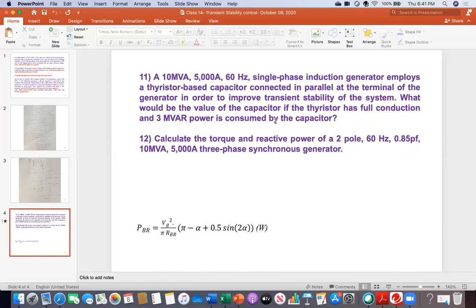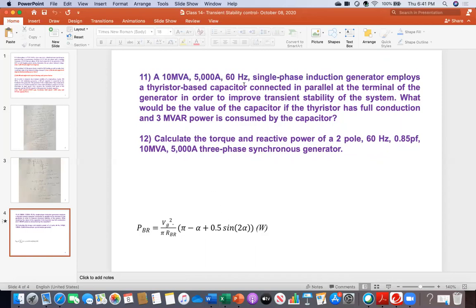As you can see, in this case this is a single phase induction generator and there is a thyristor-based capacitor connected in parallel at the terminal of the generator. Therefore, this is very similar to the thyristor-based braking resistor. We use this equation, P_BR equals VG squared over pi RBR, in parenthesis pi minus alpha plus half sine twice alpha.